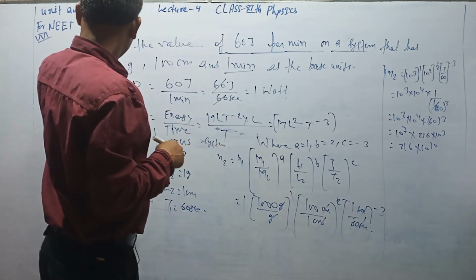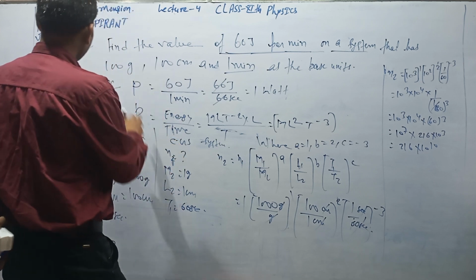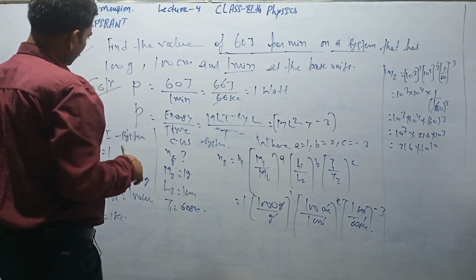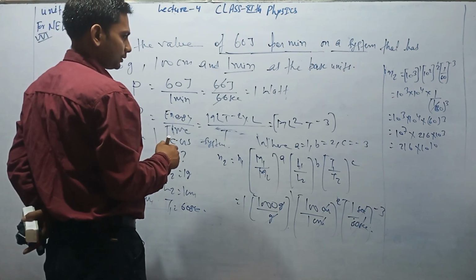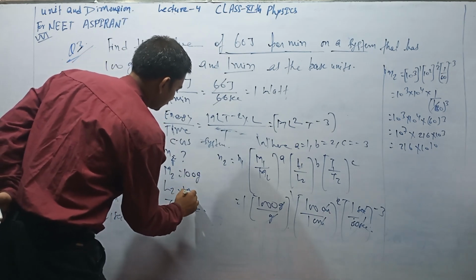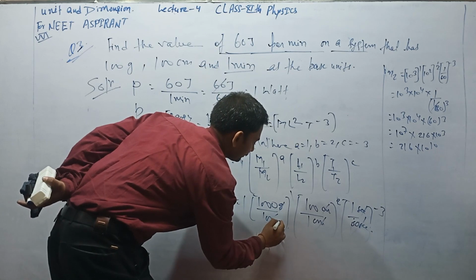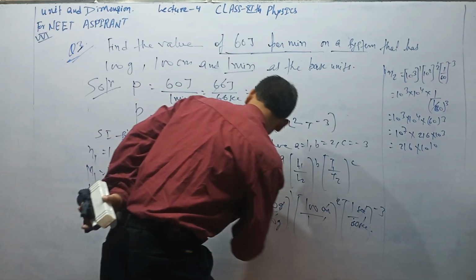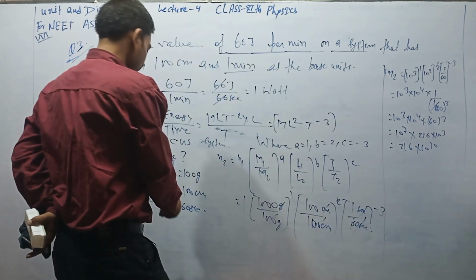Sorry, given is 100 gram, that means it also cancels out here. Given that 100 gram, 100 centimeter, 100 centimeter per second, that means here put the value of 100 gram, 100 centimeter and 60 second.